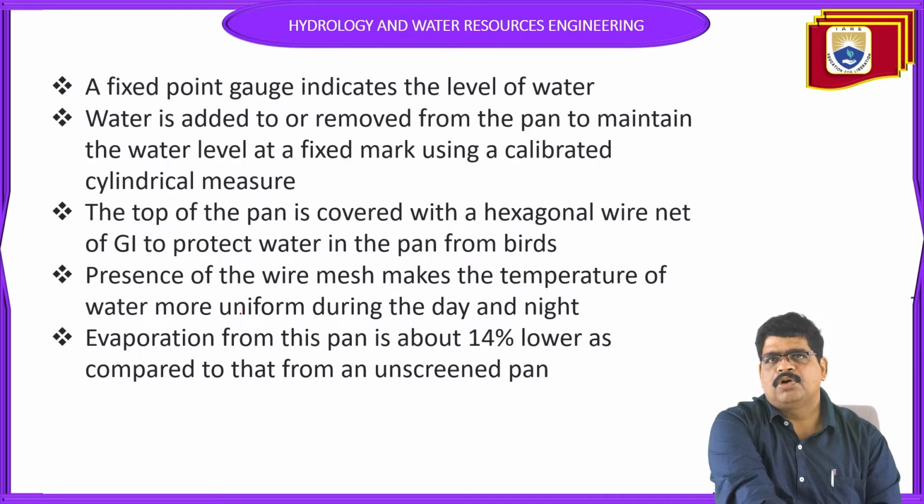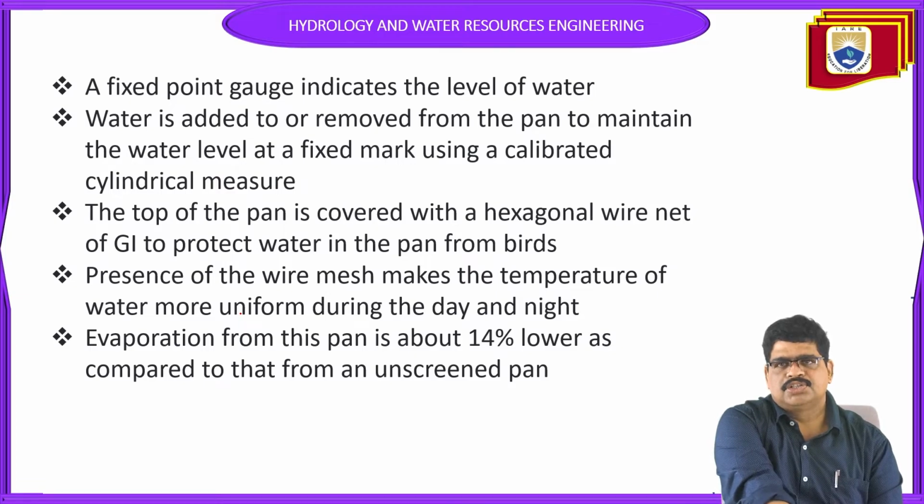Next, a fixed point indicator. What is the indicator for? The level is maintained, and water is added or removed from the pan to maintain the water level, using a fixed mark and a calibrated cylindrical measure. Next point: the top of the pan is covered with hexagonal GI wire mesh, as I explained, which protects the water from birds, insects and dust particles.